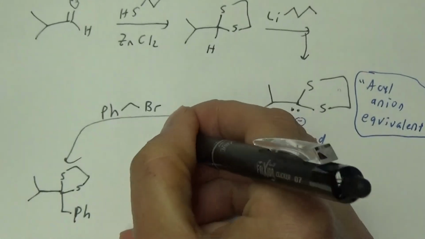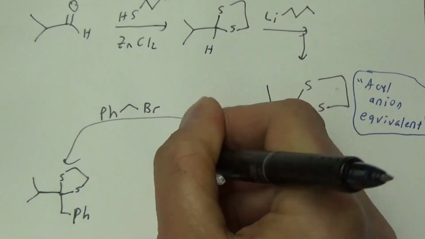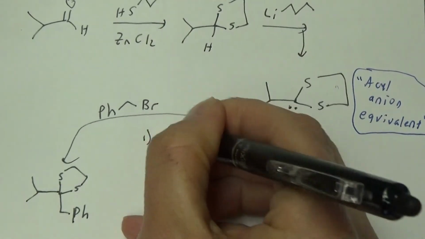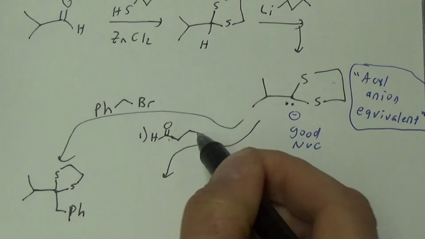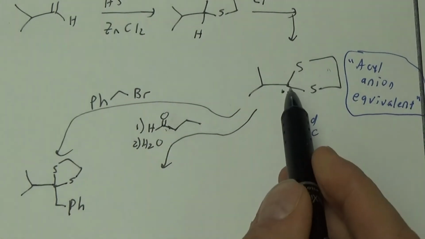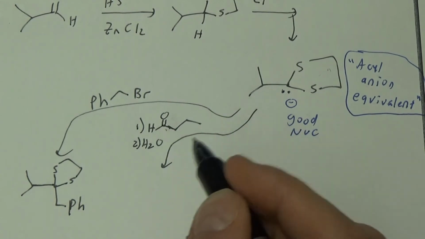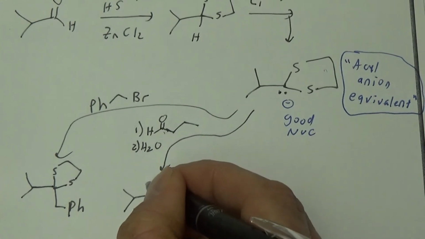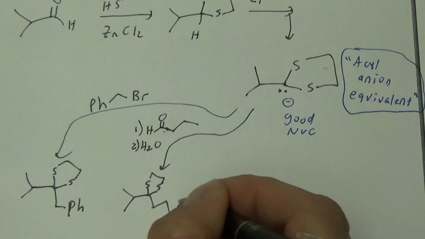an aldehyde. So aldehyde. Carbon aldehyde, 1, 2, 3, 4. A little bit of water. What's that going to make? That's going to attack, make an alcohol, and then we have those 4 carbons on there. Sulfur, sulfur. 1, 2, 3, 4. 1, 2, 3, 4.